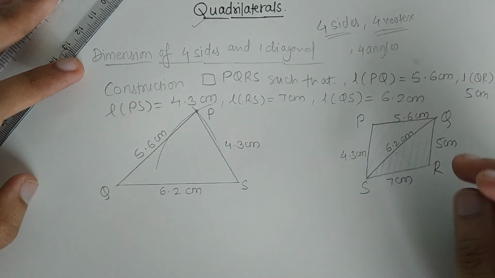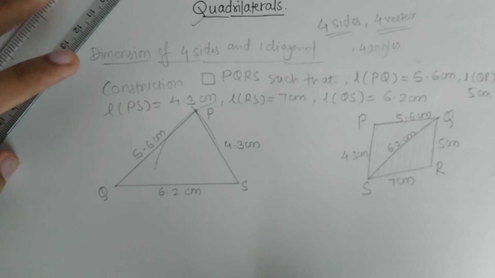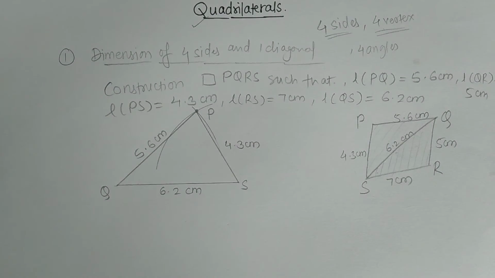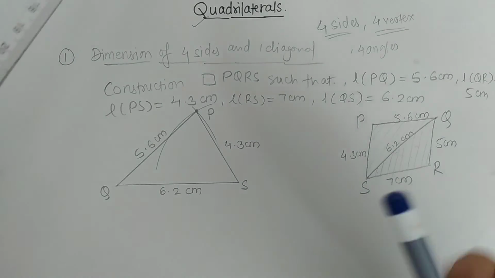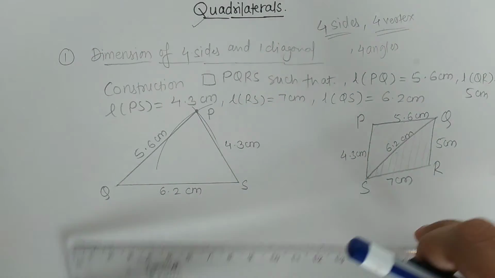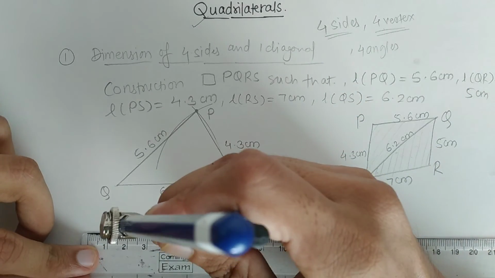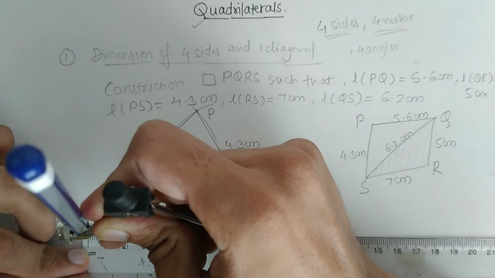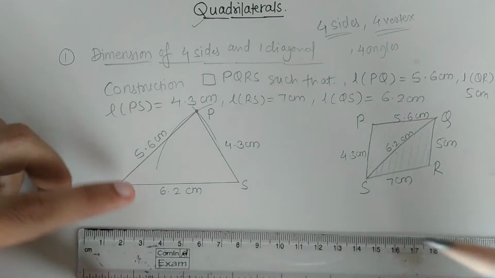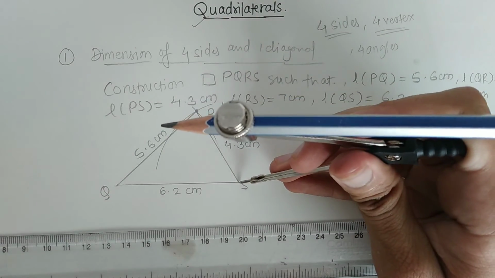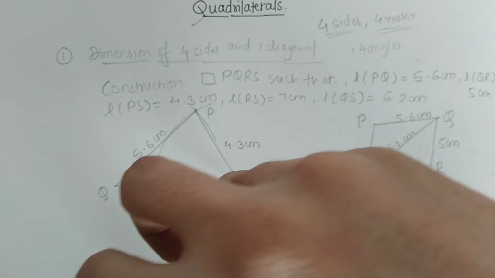Now similarly we will draw this triangle QRS considering QS as my base. The procedure is going to be the same. I will take the dimension of SR, that is 7 centimeter, in my compass. I have taken the length of 7 centimeter. Point the pointer of the compass on point S and draw an arc.